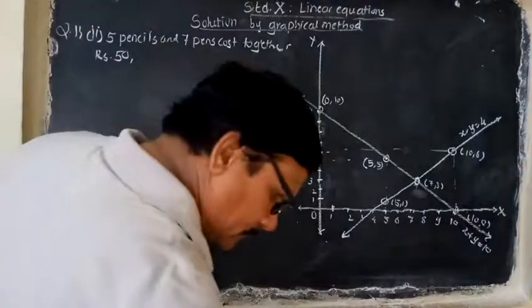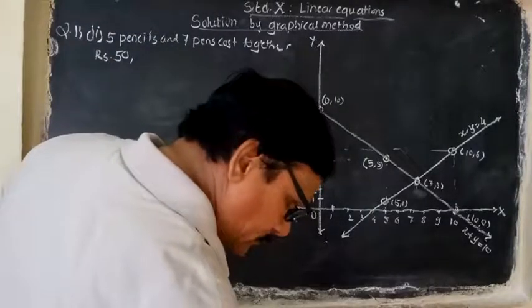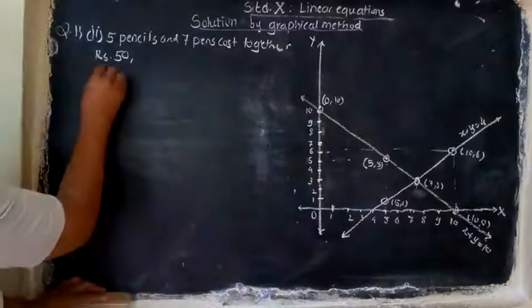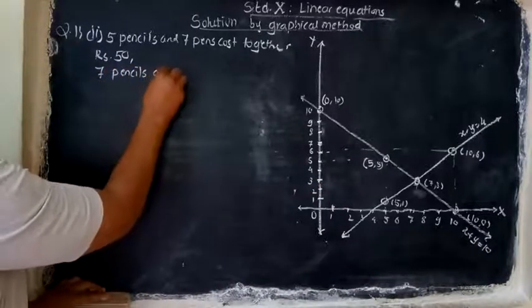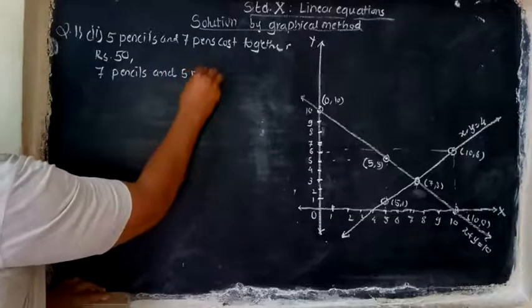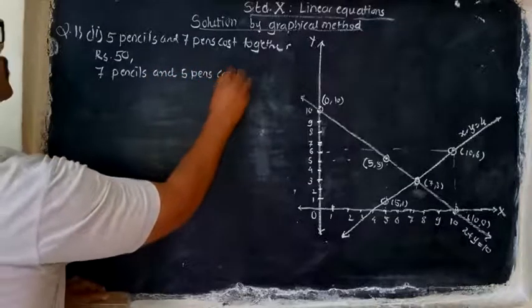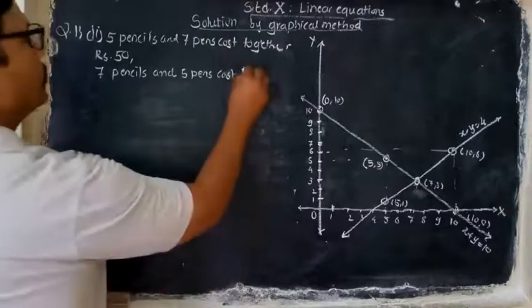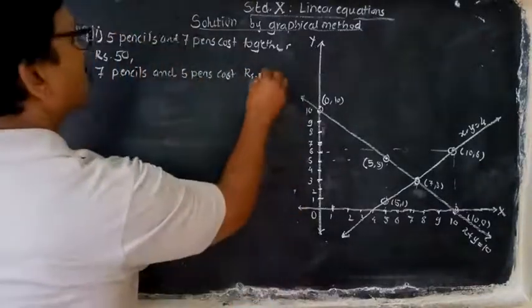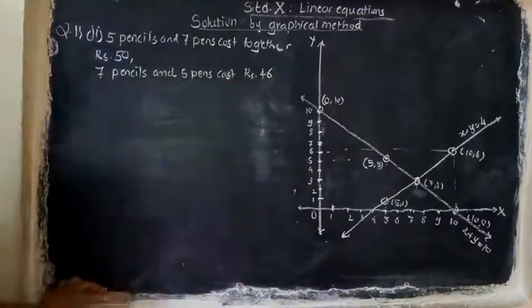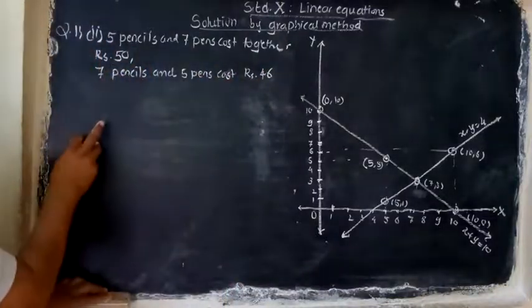Then 7 pencils and 5 pens cost rupees 46. We have to find out the cost of one pen and the cost of one pencil.